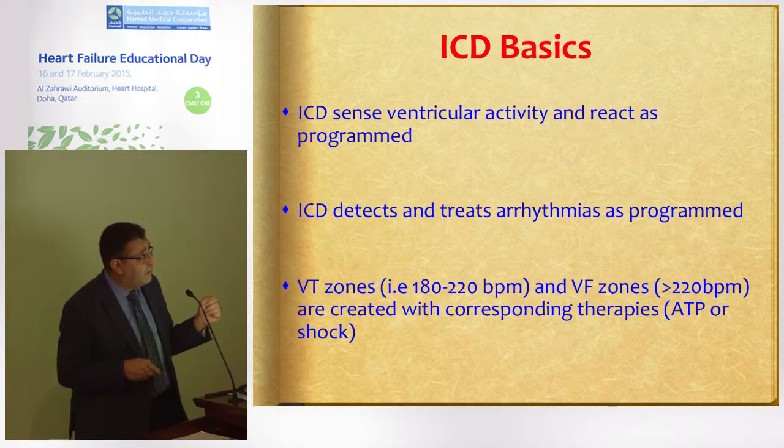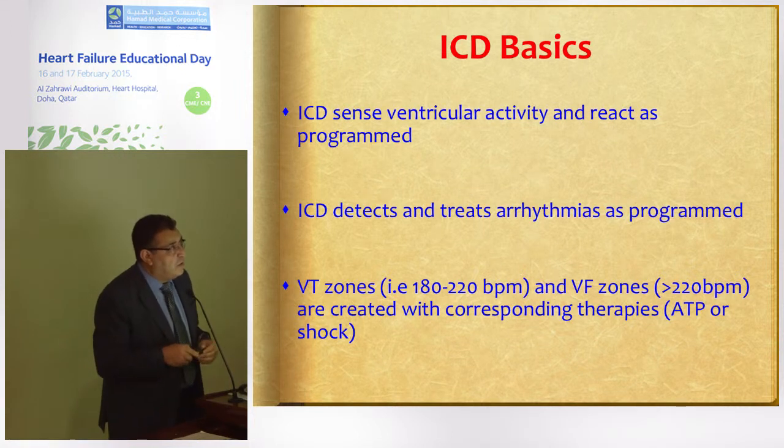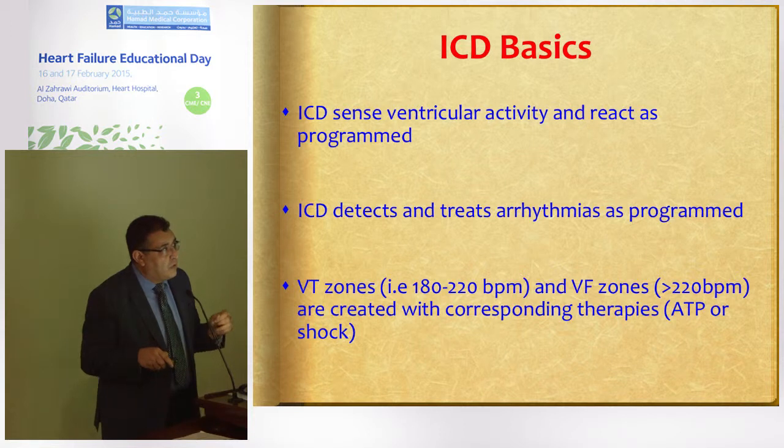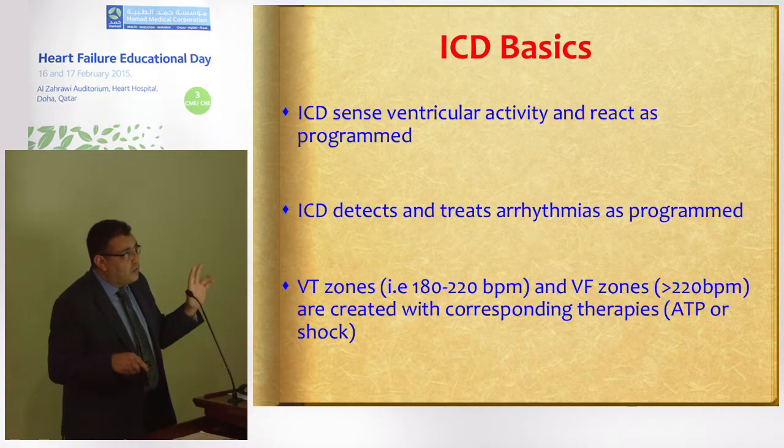If the ICD detects ventricular arrhythmias, based on an algorithm, it will try to terminate those dangerous arrhythmias. In patients with heart failure, we program ICDs into 2 zones: the VT zone, where we usually keep the cut points between 180 to 220 beats per minute, and the VF zone, which is more than 220 beats per minute. There are two types of therapy.